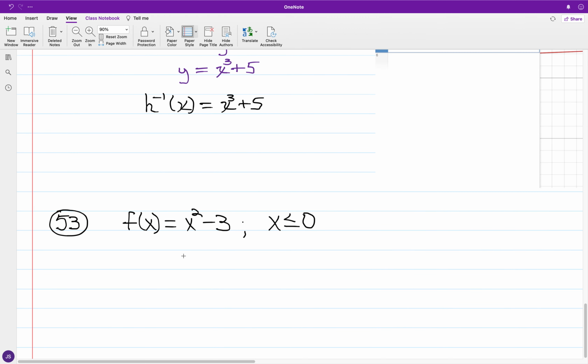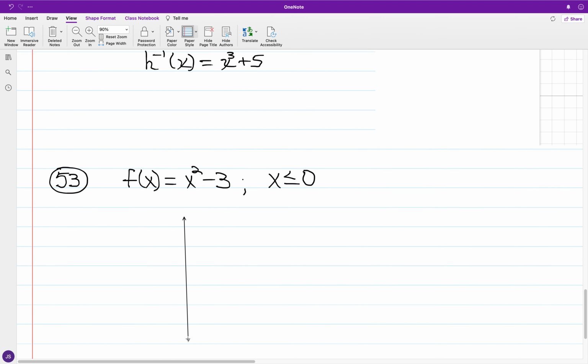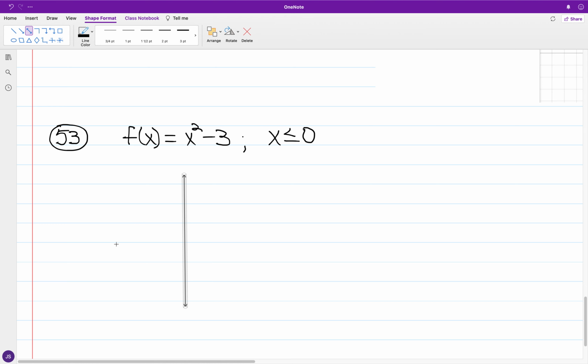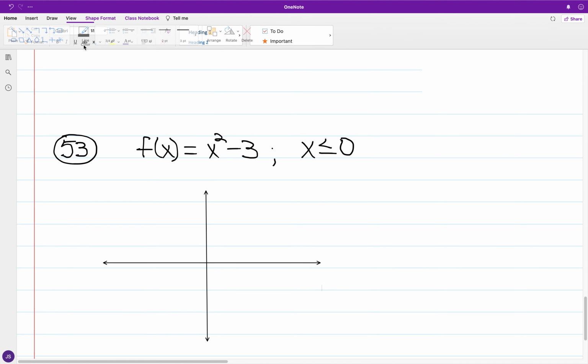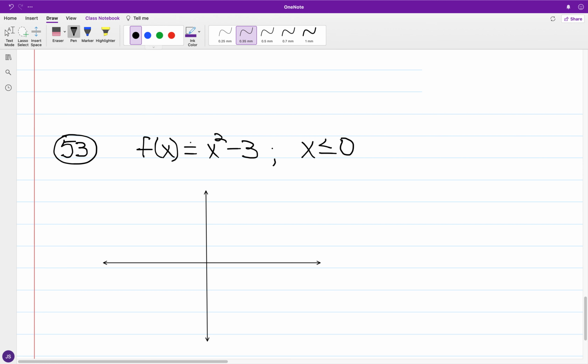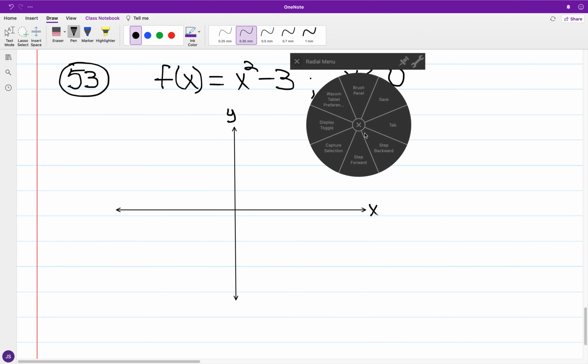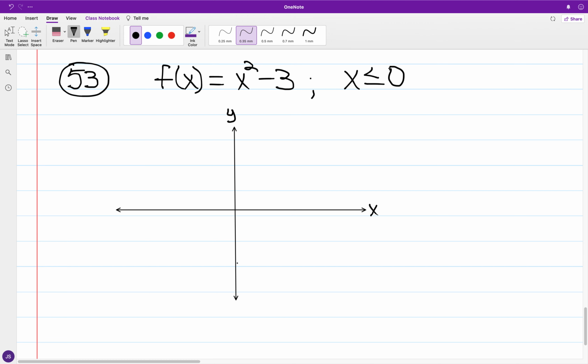Okay. So just looking at what we have for the graph of this function, so you have f of x is equal to x squared minus 3. And just doing a bit of a rough sketch here. So you're going to have a parabola, or part of a parabola, since I have x is less than or equal to 0.